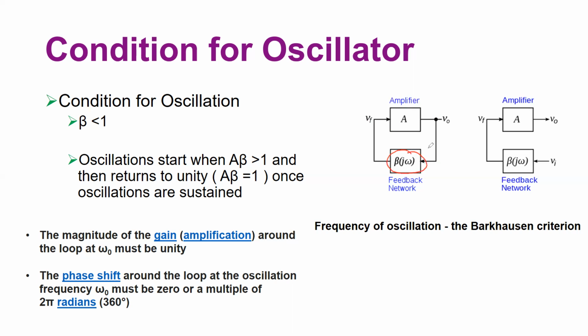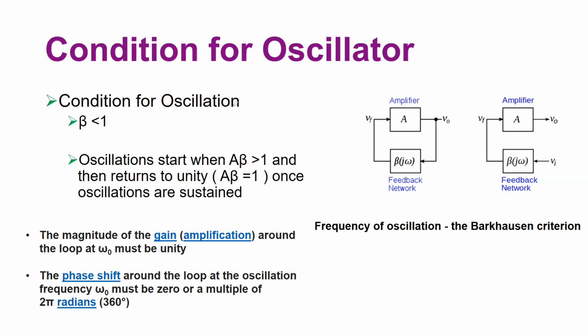Why is it called an attenuator, and the other a gain block? Because when you feed the signal in, it attenuates the signal amplitude. Out of the many frequency signals, it just picks up the signal at a single frequency and feeds it back. And the amplifier is a gain block which amplifies your signal.